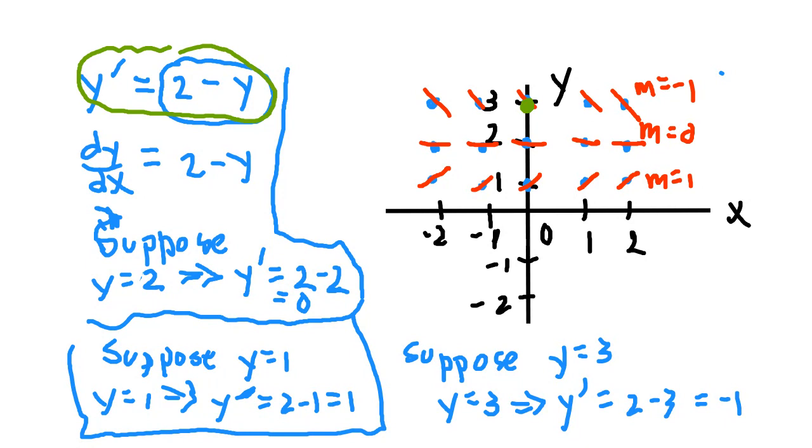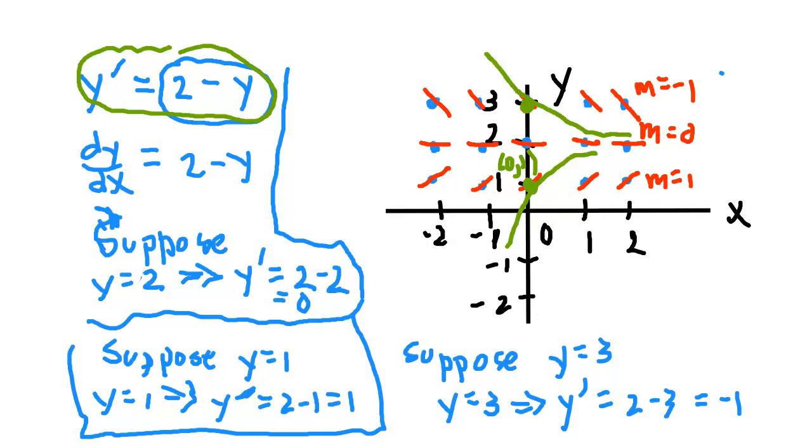Well, the solution has to follow the direction field. You see, all solutions have to obey the direction field. So, for instance, the solution that passes through the point 0, 1 has to have a tangent at that point with a slope of 1. The tangent in the direction field determines how the solution behaves.